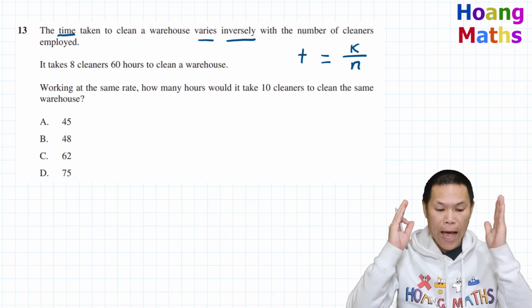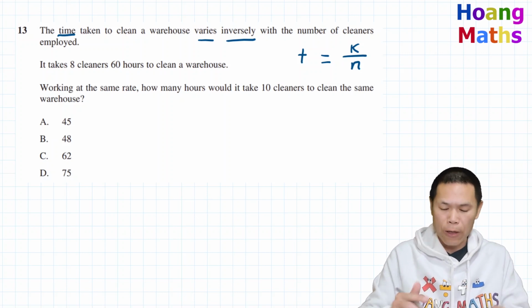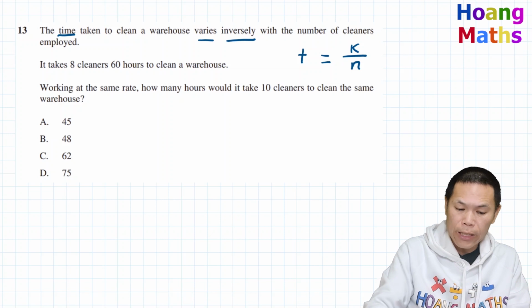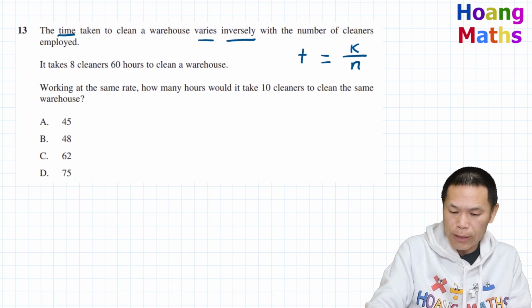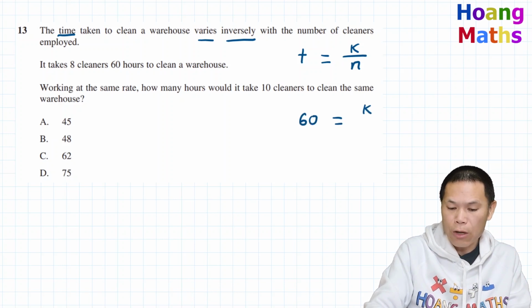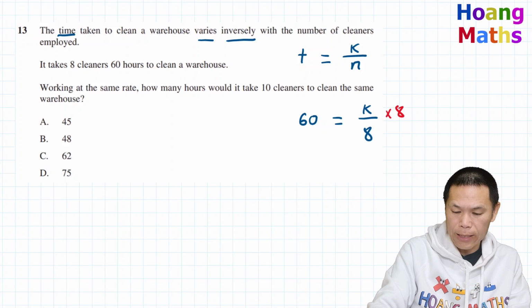So it takes 8 cleaners 60 hours to clean a warehouse. So that means when N equals 8, T equals 60. We just need to find K first, okay? So 60 is equal to K over 8. To solve for K, I times this by 8, and that cancels out.